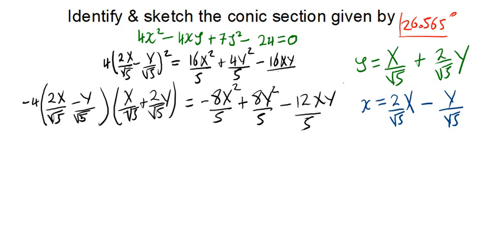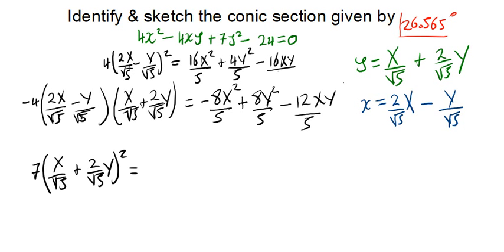Then let's now do the expansion for 7y squared. So you can say 7, our y, it's x over the square root of 5 plus 2 over the square root of 5 y, then squared. This is going to be, okay, how is this one going to be?